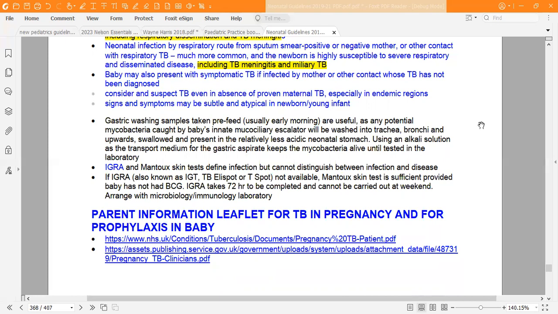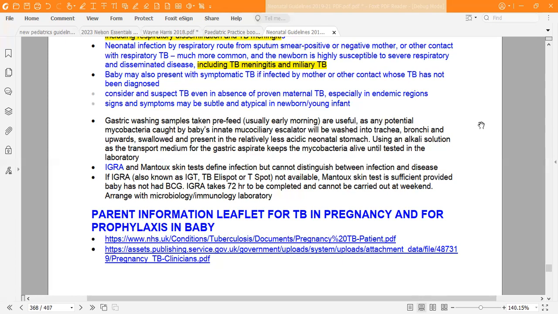IGRA, also known as IGT, TB, T-spot. If IGRA is not available, the Mantoux skin test is sufficient, provided the baby hasn't had BCG. So if we don't have the IGRA test available in the workplace, we do a Mantoux skin test, but we make sure the baby doesn't have the BCG vaccine beforehand.